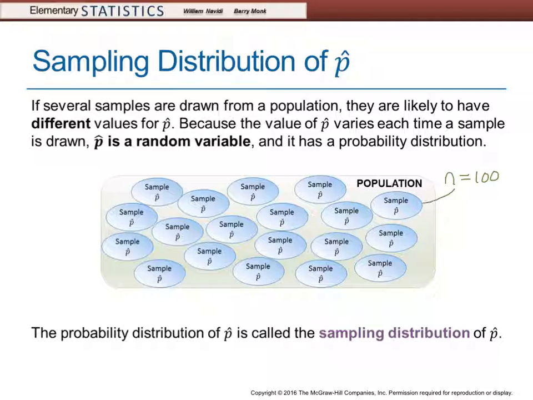Each time we sampled the population, we were sampling 100 people, and p hat could vary from sample to sample. The probability distribution of all the p hats in the sampling is called the sampling distribution of p hat.